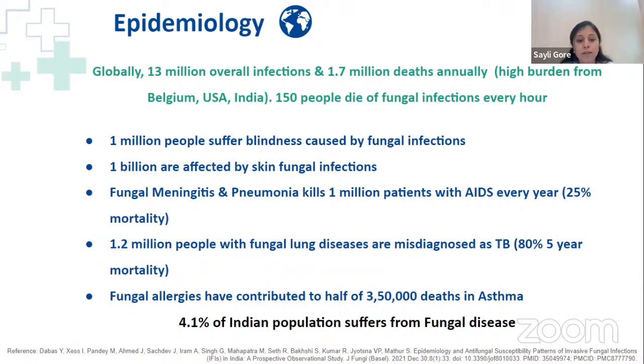So 4.1% of the Indian population actually suffers from fungal diseases, and overall there is no holistic estimate of the burden, but there are geographical differences, which is a remarkable factor for this variability. Just imagine, every day we breathe about 20,000 times, with around 10 liters of air, and every 1 cubic centimeter of air has around 50,000 fungal spores.